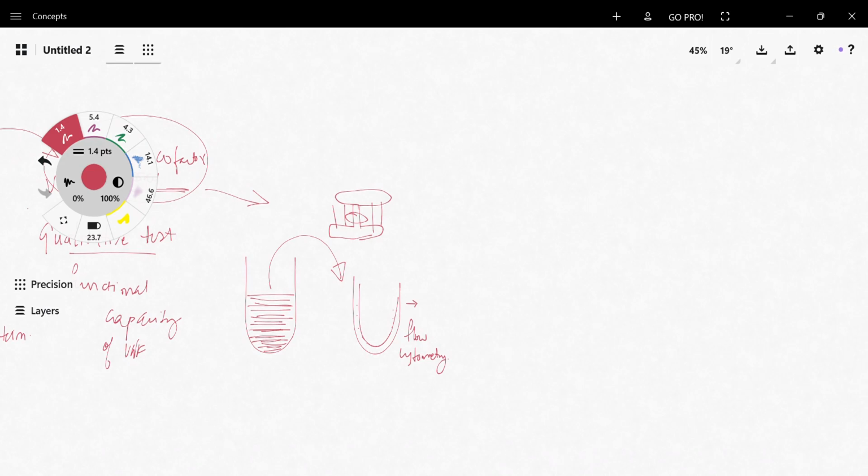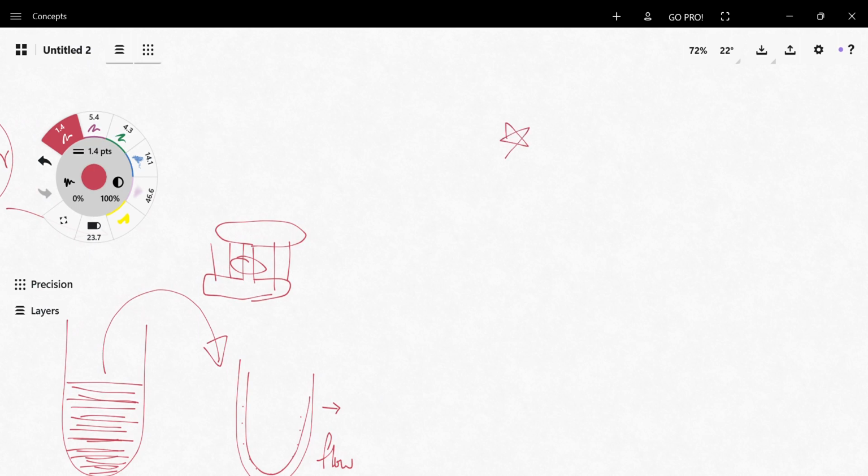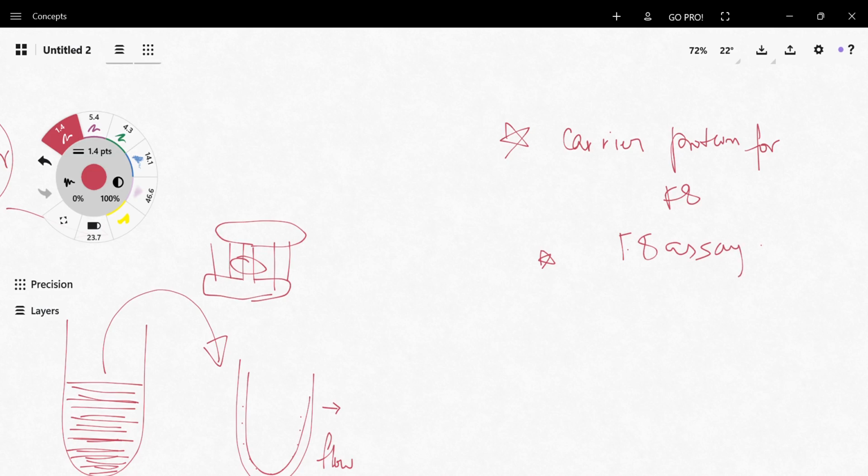One more thing that you always have to remember with von Willebrand's factor is that it acts as a carrier protein for factor 8. And it also stabilizes it. So the factor 8 assay will show decreased activity in case of von Willebrand's disease.